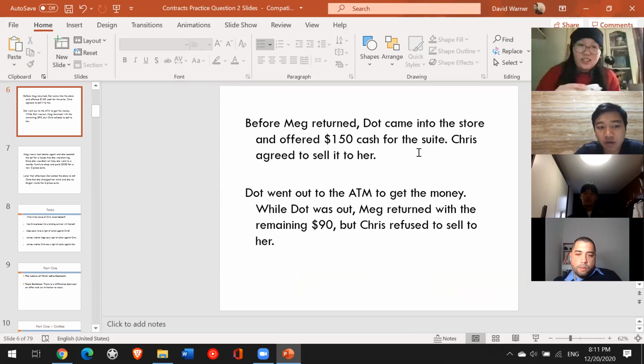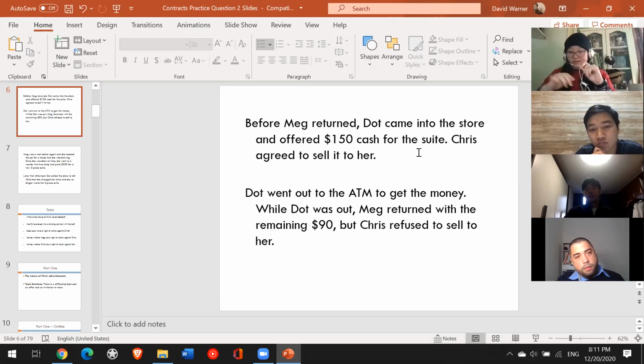Sir, when Meg sues Chris, who will win the case? In this case, Chris will win, I would say, because they did have a contract, but he might not be able to prove it. And if he can't prove it, then he would lose.